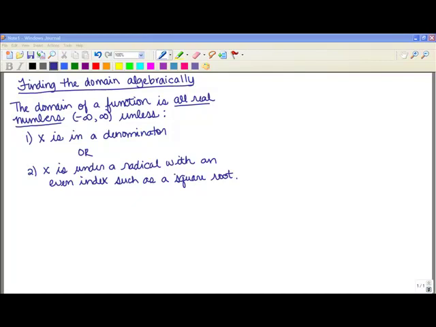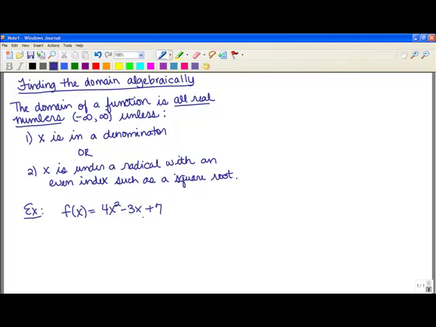Now we'll take a look at these two special cases, case 1 and case 2, in a minute. But for example, let's look at a few functions here. Let's say that a function is f of x equals 4x squared minus 3x plus 7. You're going to ask yourself, is there an x in the denominator, or is there an x underneath the radical with an even index?